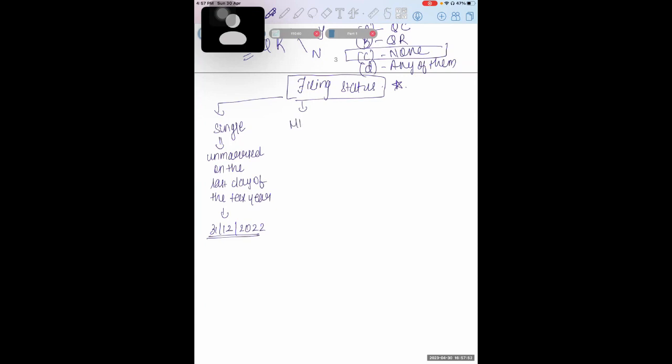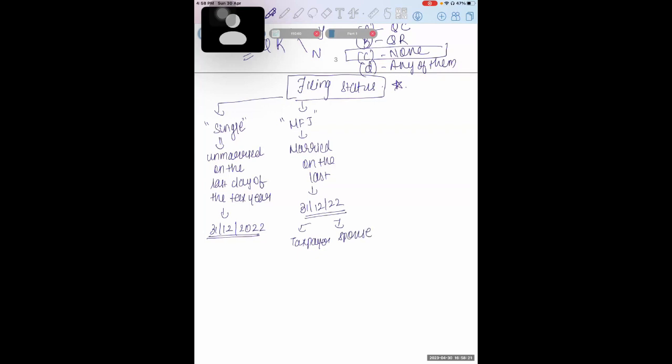Next is MFJ. If a person is married on the last day, that is 31st December, then we can file MFJ for that taxpayer. In MFJ, all the incomes and expenses will be combined for the taxpayer and the spouse.